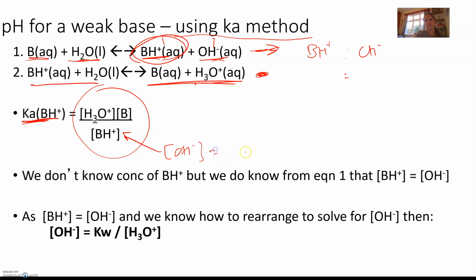And we know an expression that we already know off by heart that stands for OH minus is Kw divided by H3O plus. So we substitute this instead of the BH plus, and that means we're minimizing our unknowns, because now we've put H3O plus in there, which we've already got, and Kw is a known.